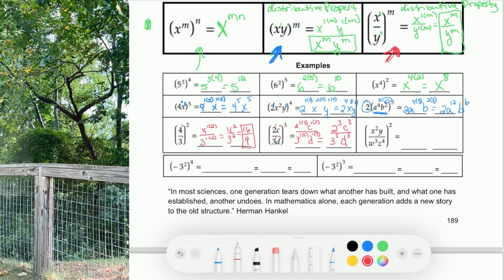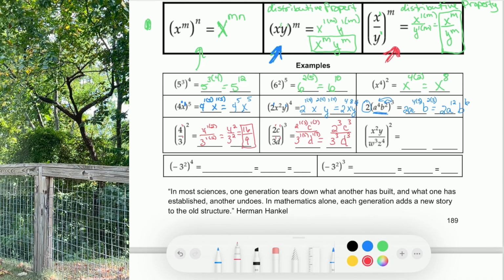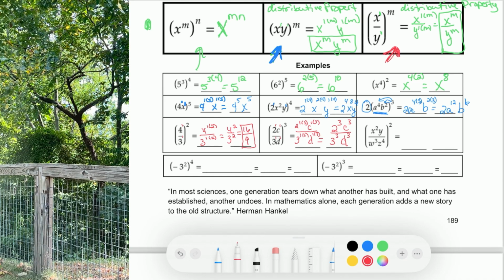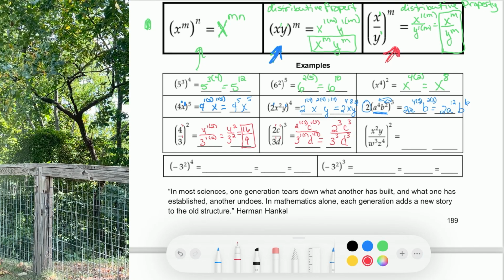Don't drop my pen. All right, so let's look at the next one. X squared y over w to the third, z to the fourth, and all of that is to the power of 2. All right, so let's distribute to everything.